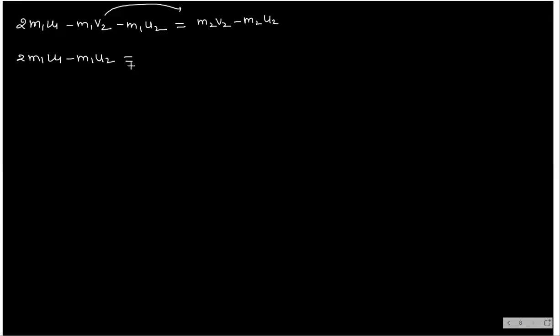Wait. So see, here you will get plus M2 U2 is equal to M2 V2 plus M1 V2. Check it once. What I have transferred: this M1 U2 is there, M1 U2.